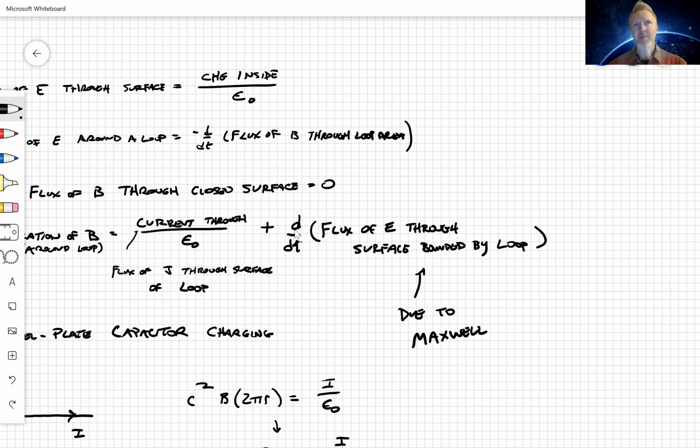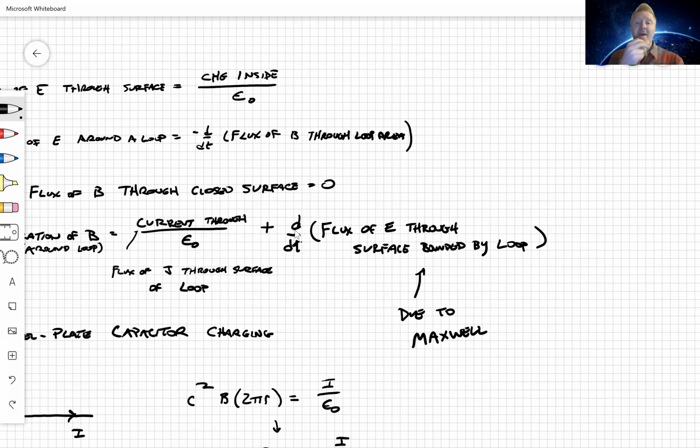You take, for example, a big sheet of charge and you wiggle it up and down a couple of times. And what happens is from that sheet of charge propagates a magnetic field, because you just shook a bunch of charge. And so that creates a magnetic field in the region of this shaking charge, because I've got charge in motion now.